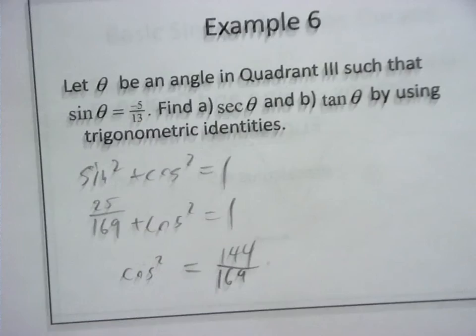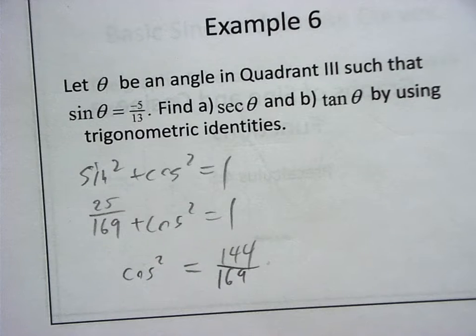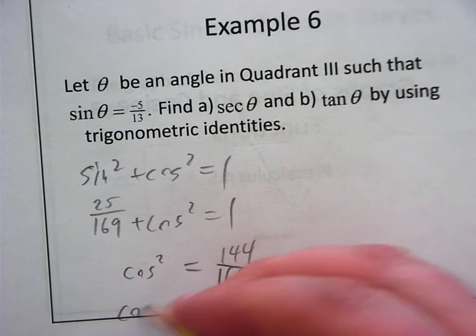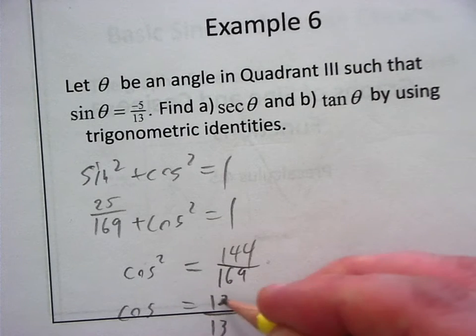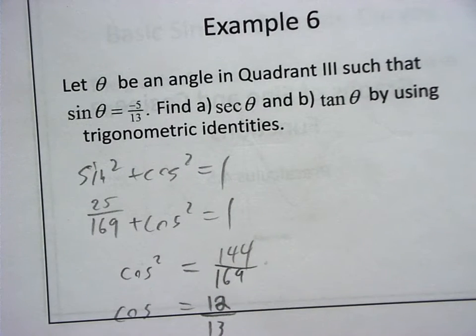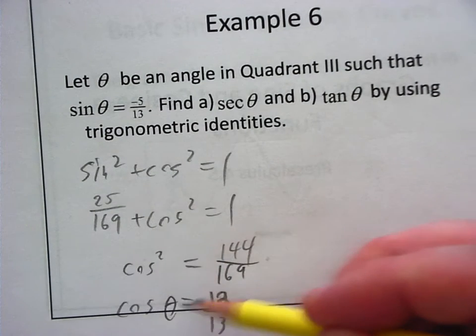The nice thing is this is another Pythagorean triple. When I square root the top and the bottom, I'm going to get 12/13. But what quadrant are we in? Third. So that cosine should actually be negative.